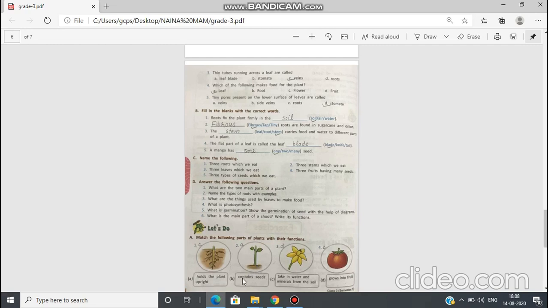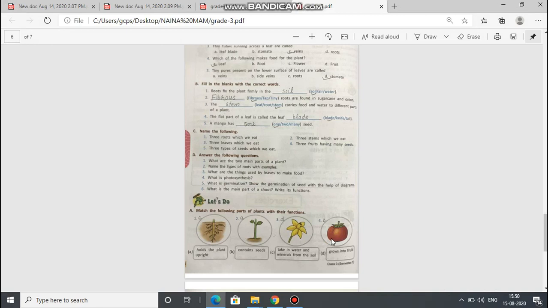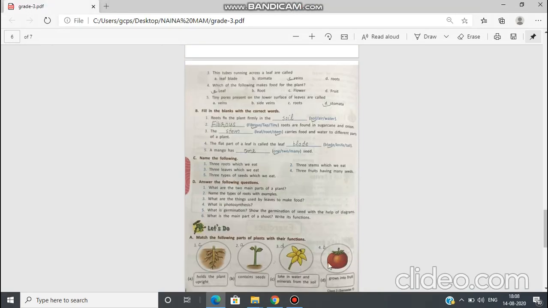Next, contains seeds. Which one is right? Tomato. Next, take in water and minerals from the soil. Which one?